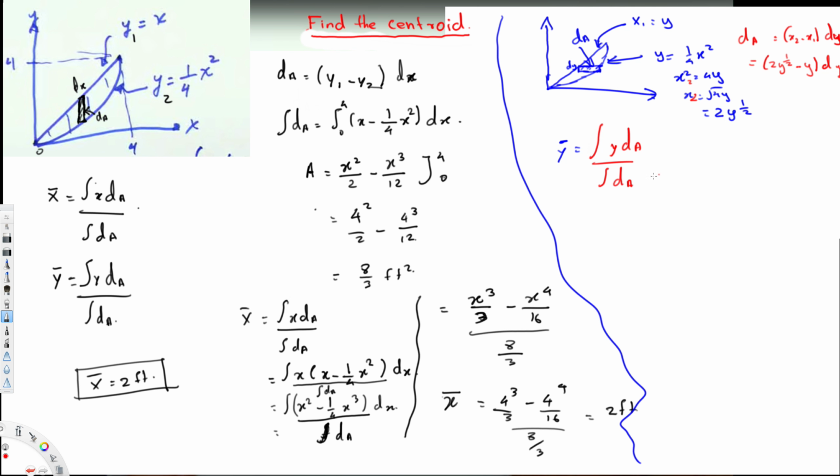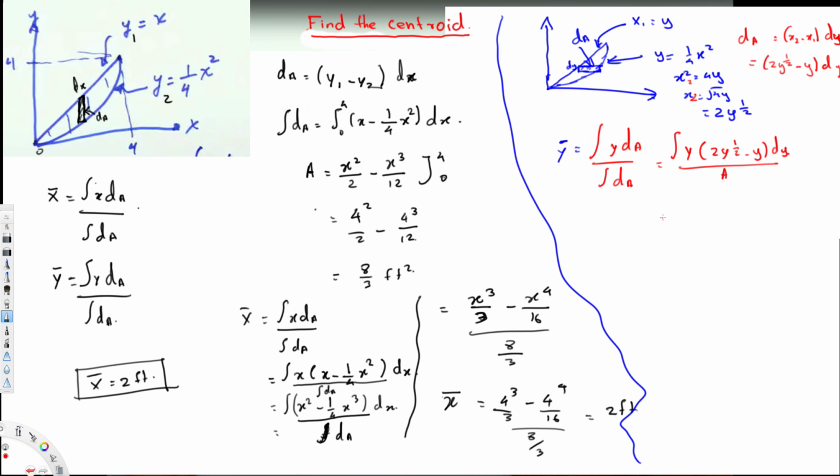Then when we substitute this value, I'm taking the integral of y dA, so y times this value right here, so it's going to be 2y to the power half minus y, dy, over the area. We calculated the area already, so we can substitute it directly here.